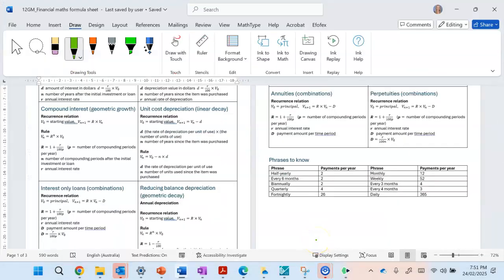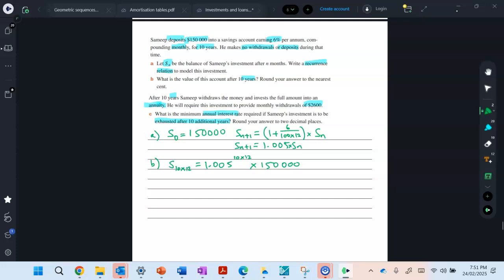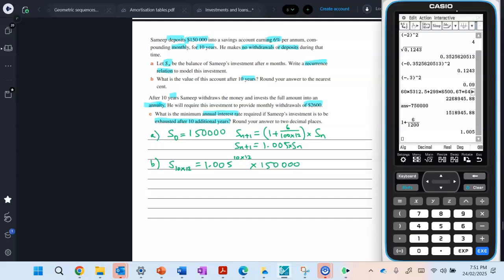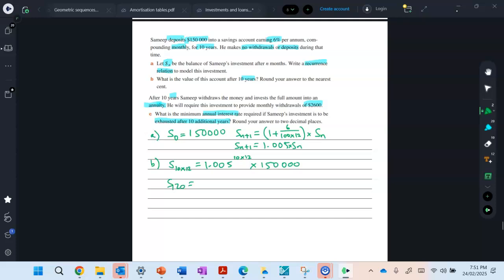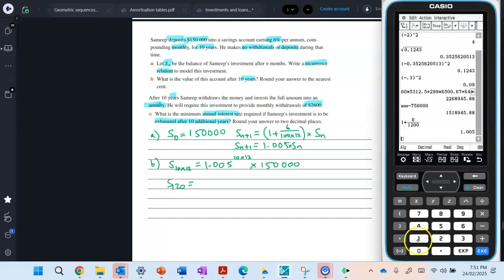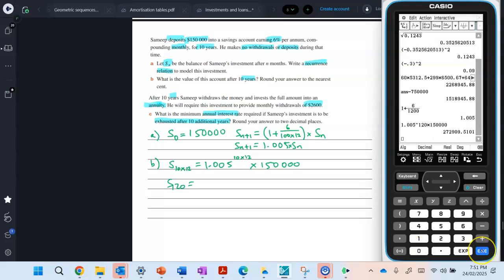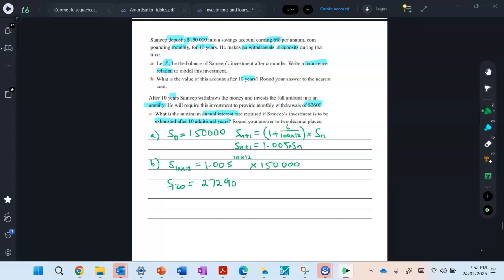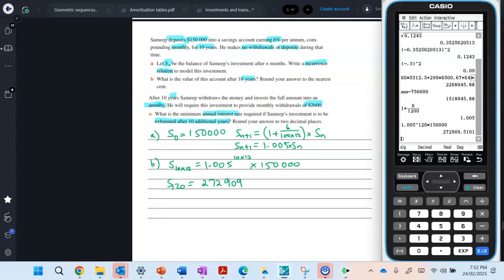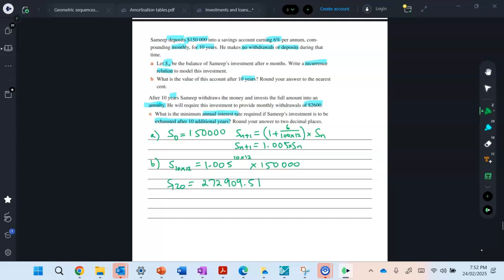All right, R^n times V0. Now, you can just plug all this into your calculator. So we want to find S of 120. All right, so it's going to be 1.005 to the power of 120 times your initial value, and we get 272,909.51. All right, so that's how much it will be worth after 10 years.